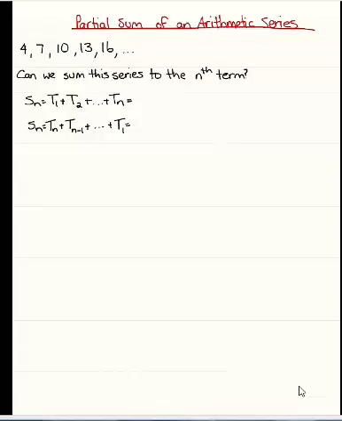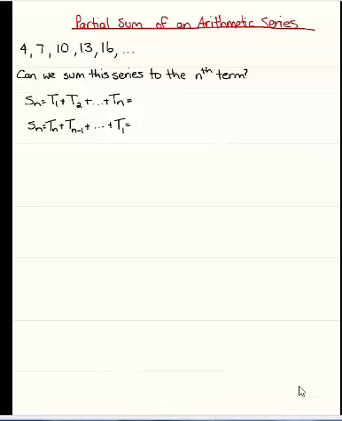So what we're going to try and come up with is a general rule for the sum of a series to the nth term. So we know that the sum of n is t1 plus t2 plus t3 plus t4 all the way up to plus tn. All right, but think about that. What does that mean?